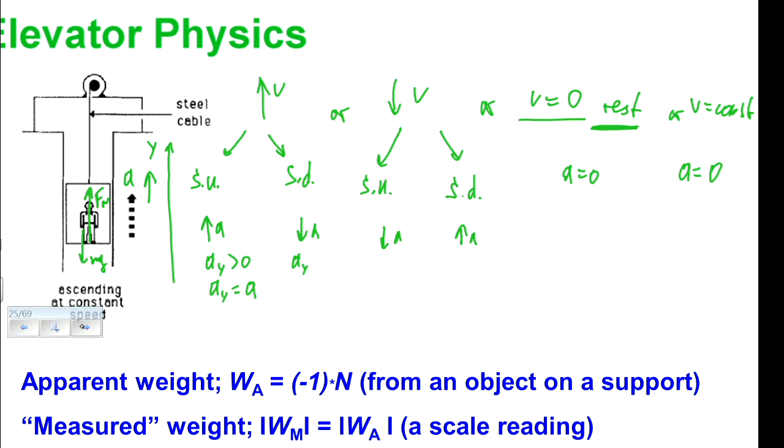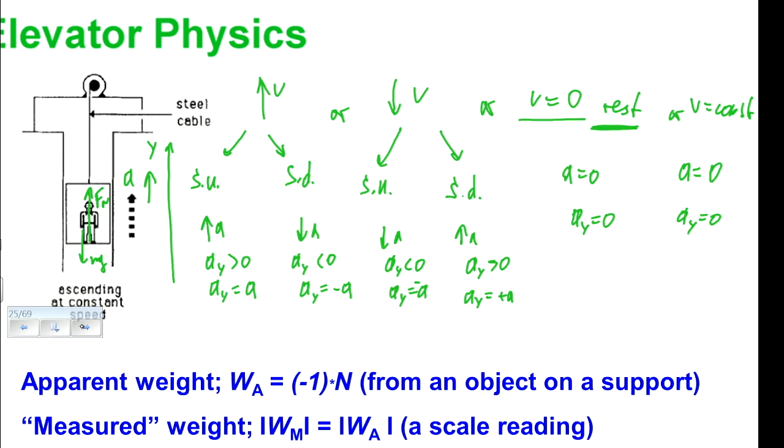In this situation, the y component is negative, so the y component is equal to minus 1 times the magnitude. And when acceleration is 0, the y component is 0. We just need to use this symbol in our equation.